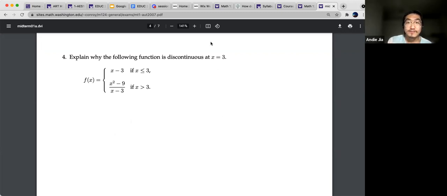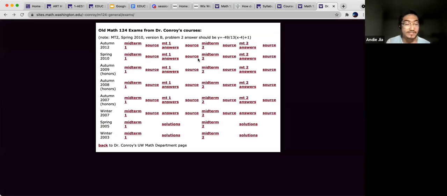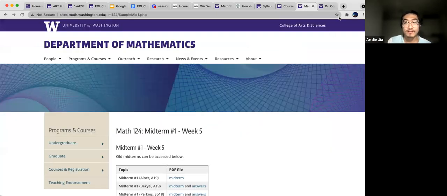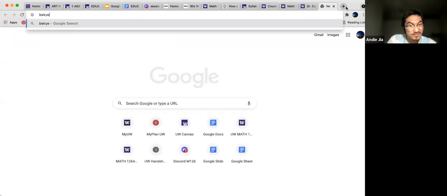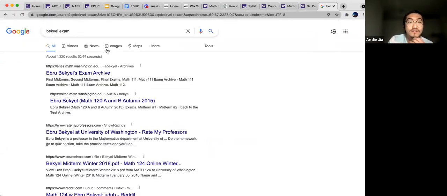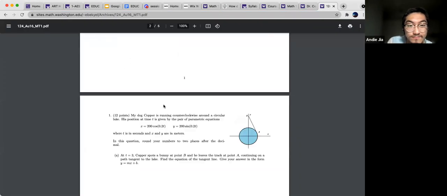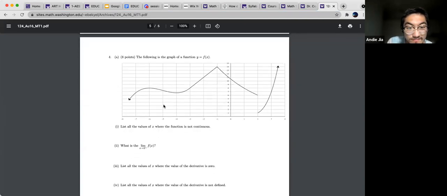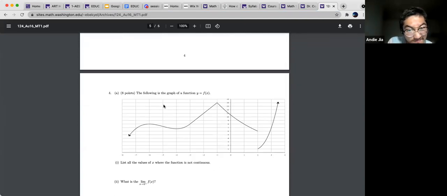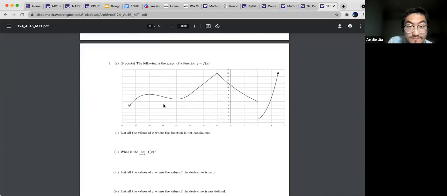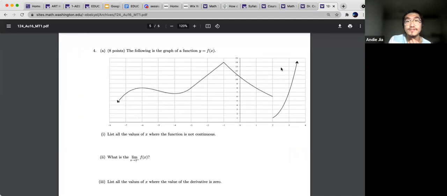Okay, so I'm going to move on, because I try to find harder questions, since those can help you do well. Harder questions are always helpful. So this is a combination of sections 2.6 and 2.8.